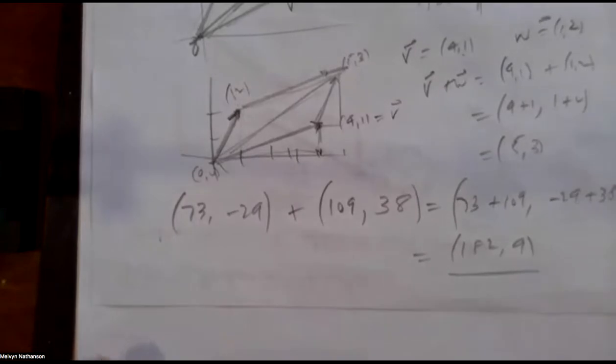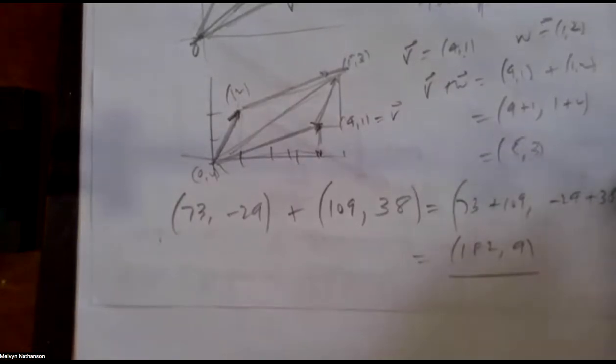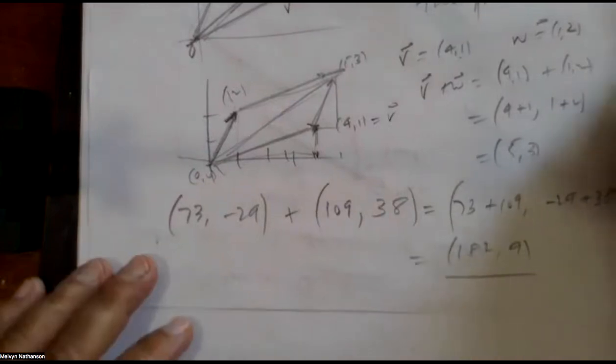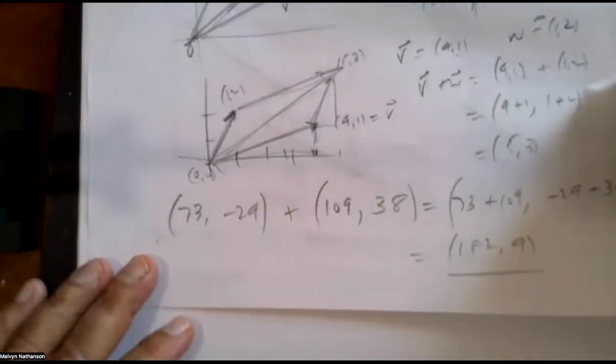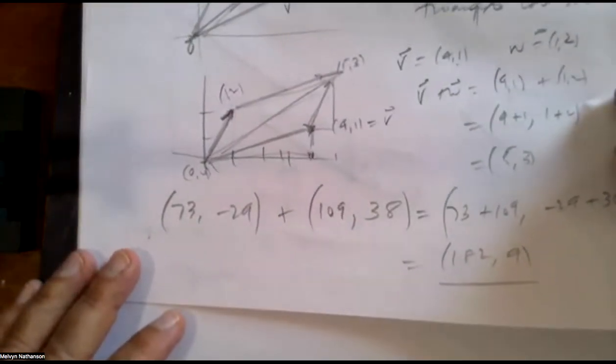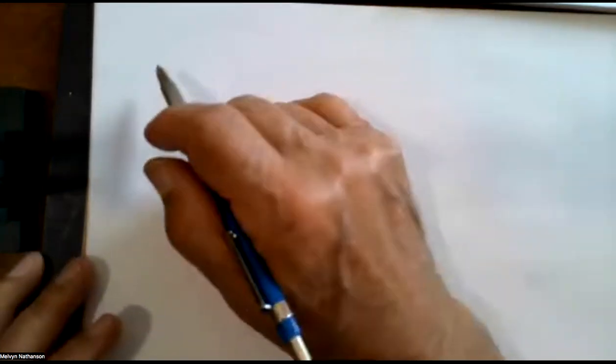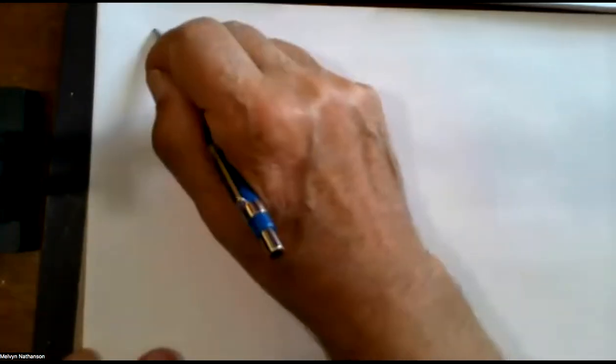And you can draw it if you like, but the sum of the two vectors is this. So vector addition is done by adding coordinates. Vector subtraction, just as you might expect, is what you get by subtracting coordinates.